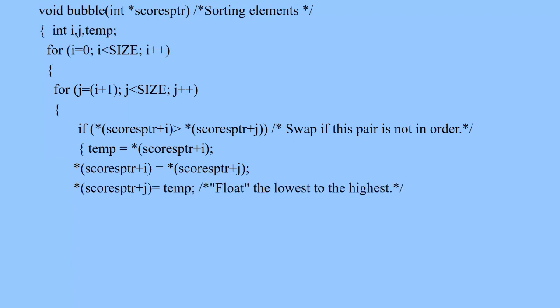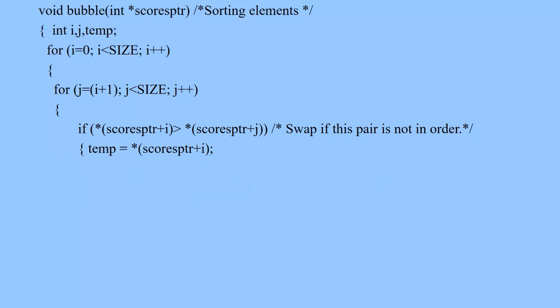And then pick the content stored in the memory location called temp and assign it in the array at the subscript being pointed to by the pointer called scores pointer plus j. So we call that floating. Float the lowest element to the highest. So that's swapping.